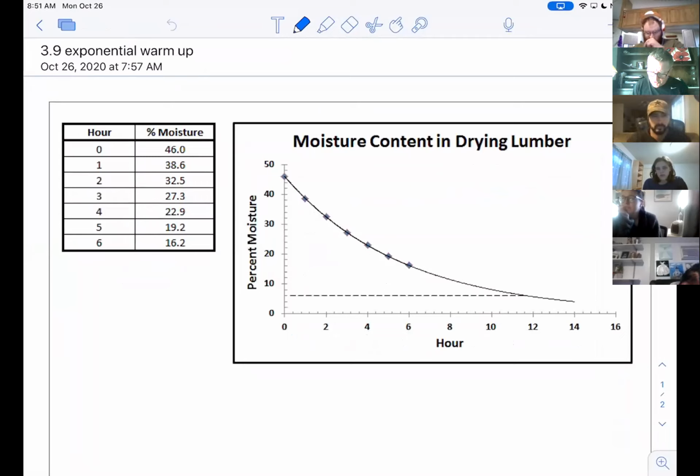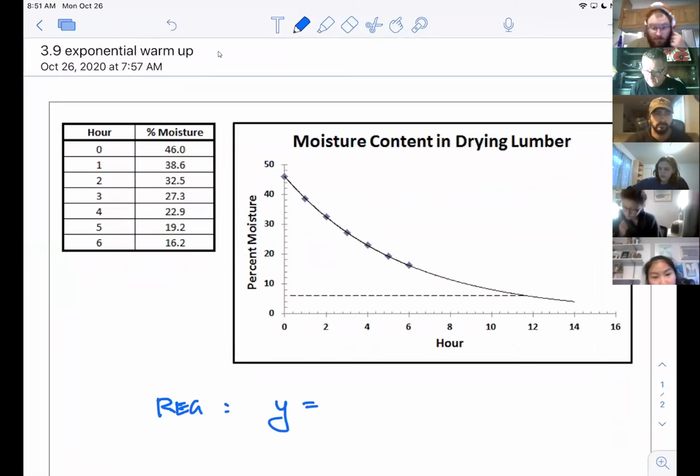So from regression, we got y equals... You guys tell me, what was it? 46? I can't see it now. 46 times 0.84 to the x. Is that right? I think so. Yeah, that's it. Thank you.